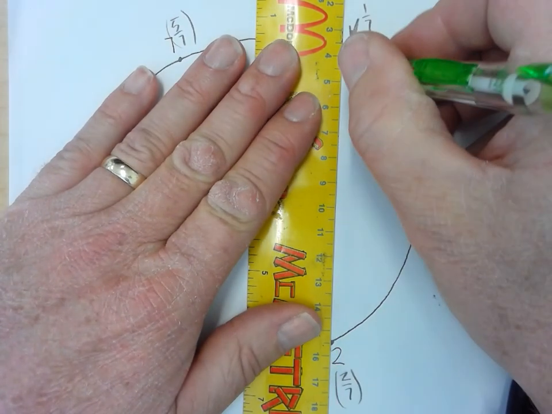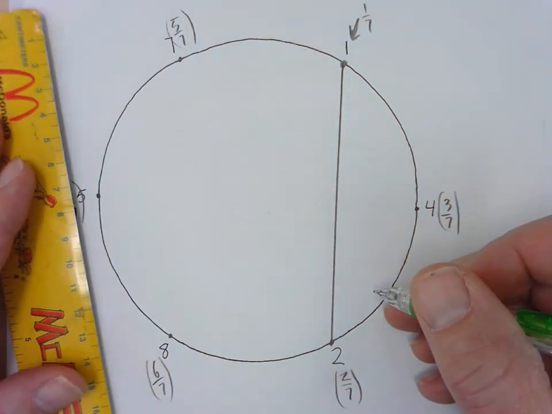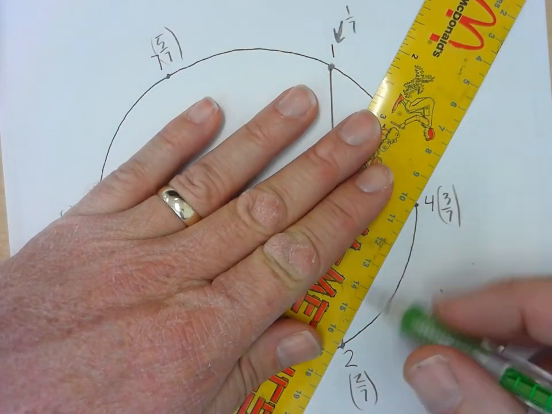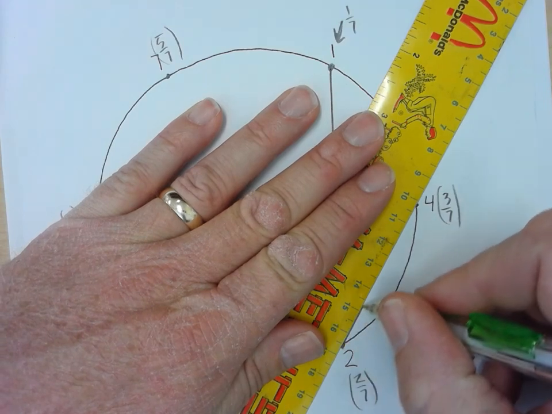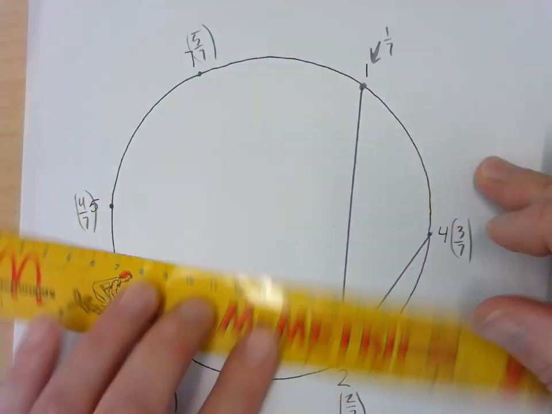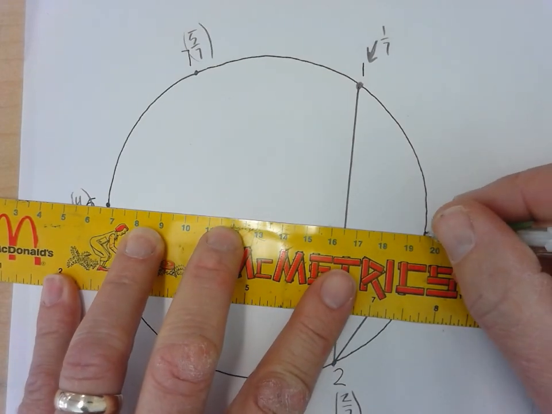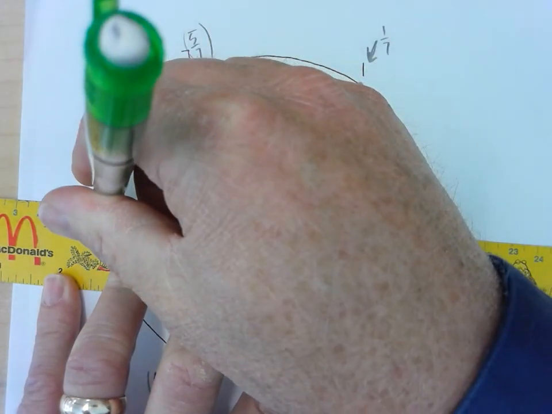So we're going to connect from here to there. So there's my next starting point, and then I'll go back up to here. And then over to where the 4/7 starts. Again, these are just evenly spaced out around the circle every 60 degrees.